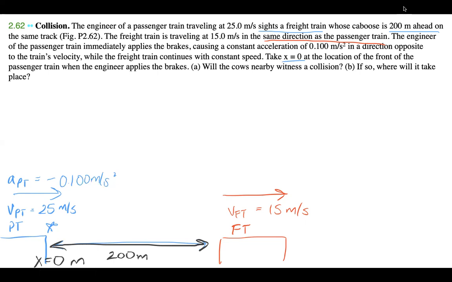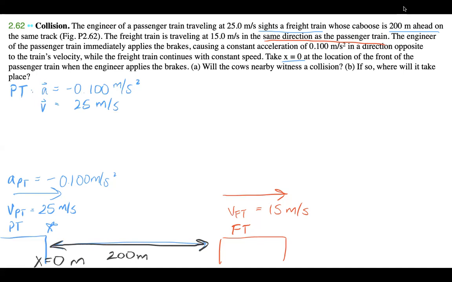And will the cows nearby witness a collision? That's what we want to figure out. Let's rewrite all the information that we have. Let's start with the passenger train. We have our acceleration, which is negative 0.100 meters per second squared. We have our speed, and since we have direction and speed, it's velocity. It's going 25 meters per second to the right.